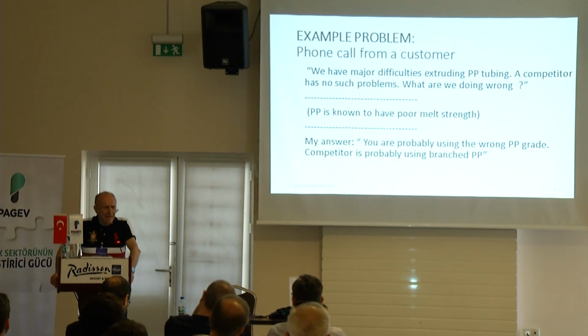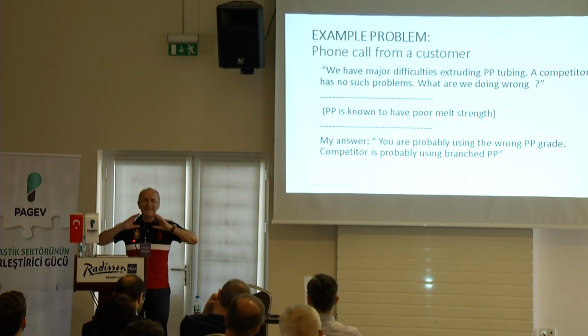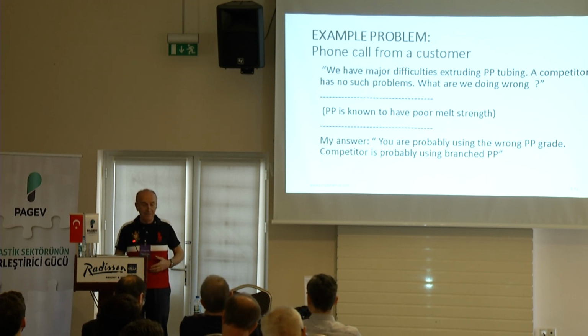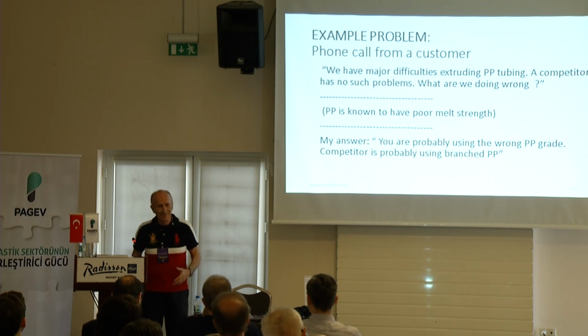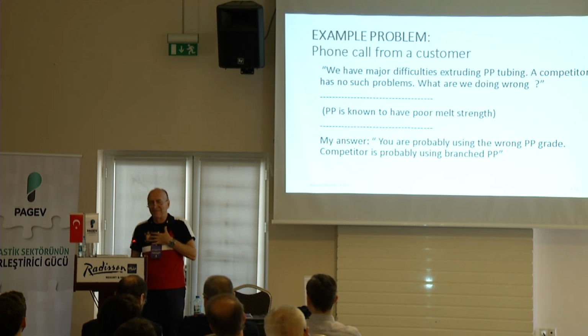And then I said, yeah, that's sometimes the case because polypropylene has low melt strength. Polypropylene as a polymer is known to have low melt strength. He said, yes, but there is another competitor. And they have no problems there. How come they have no problems and I have big problems?